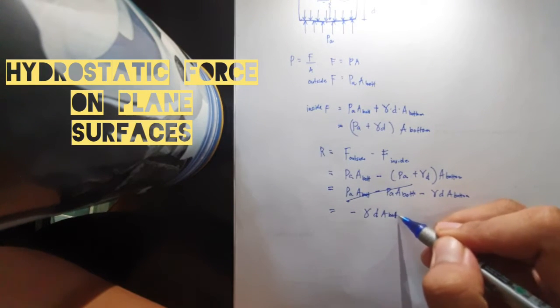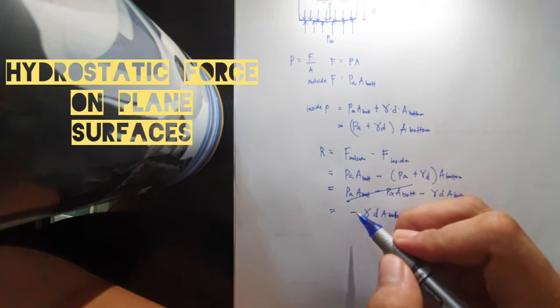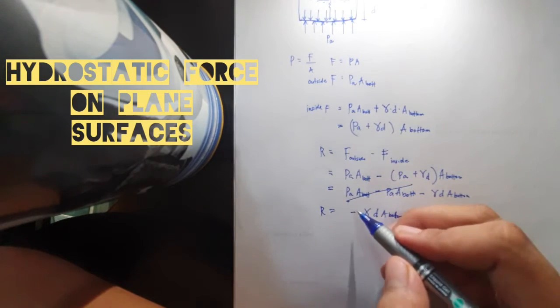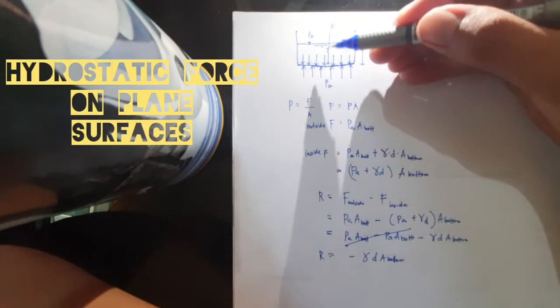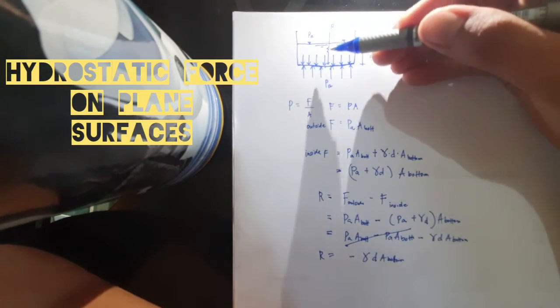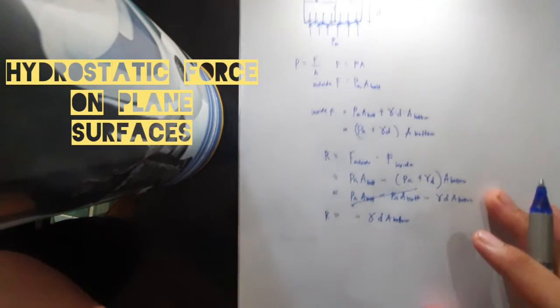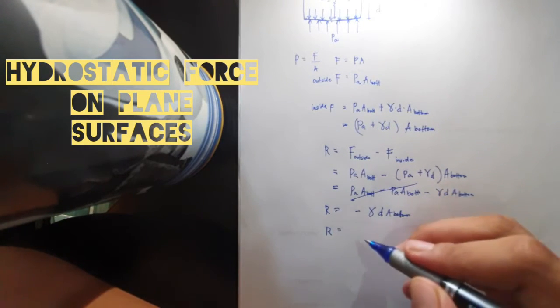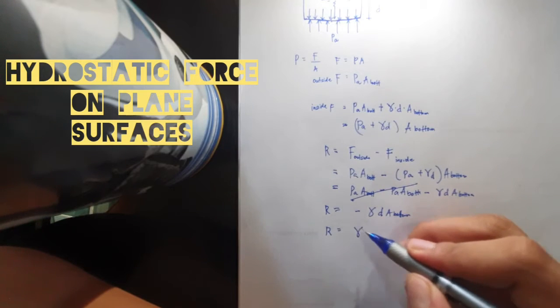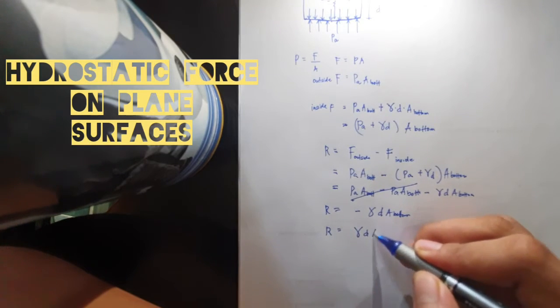The negative just indicates the direction, which is from the inside for the resultant. So regardless of the sign, we already have a value for the resultant: gamma D area.